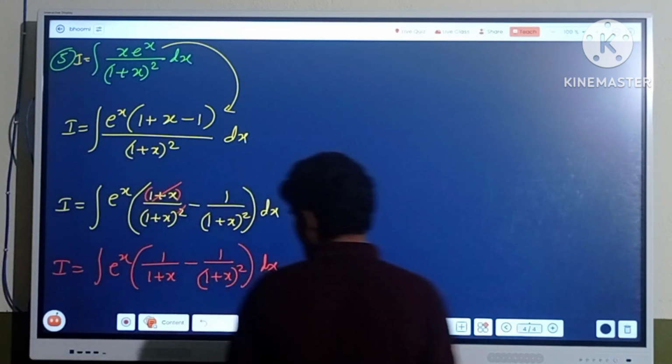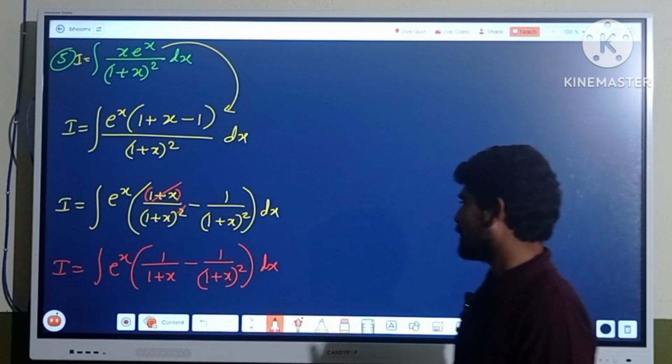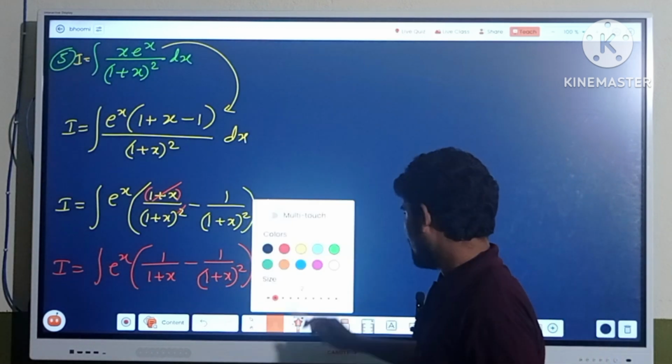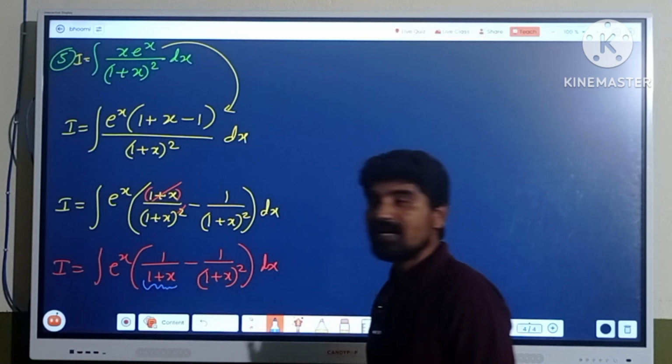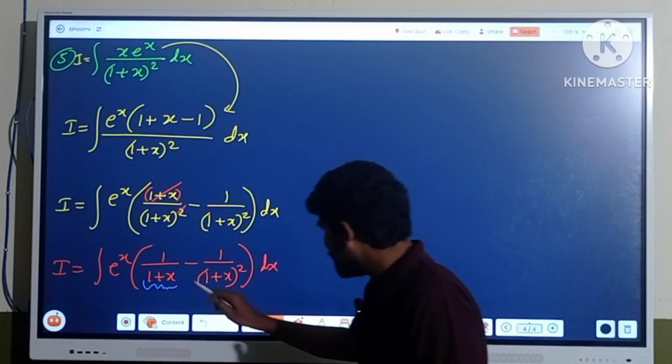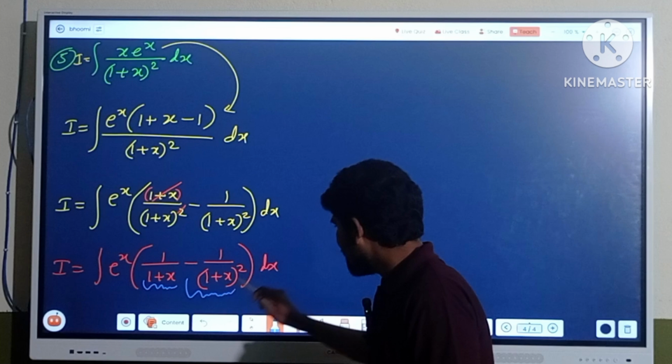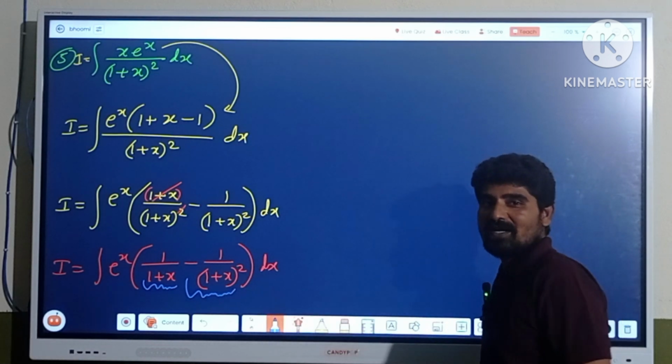Now just observe deeply this integral problem. We know that, what is that? Derivative of 1 divided by 1 plus x should be equal to what? Minus 1 divided by 1 plus x whole square.